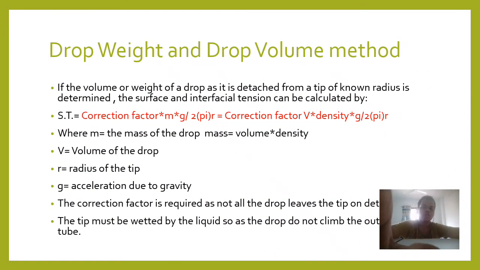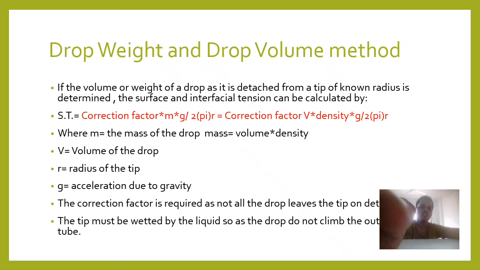Now the last method, and this method you might have performed in your lab also. Whenever we have to determine the surface tension in our lab, we generally use the drop weight and drop volume method. If the volume or weight of a drop as it is detached from a tip of known radius is determined, then the surface and interfacial tension can be calculated: surface tension equals correction factor.